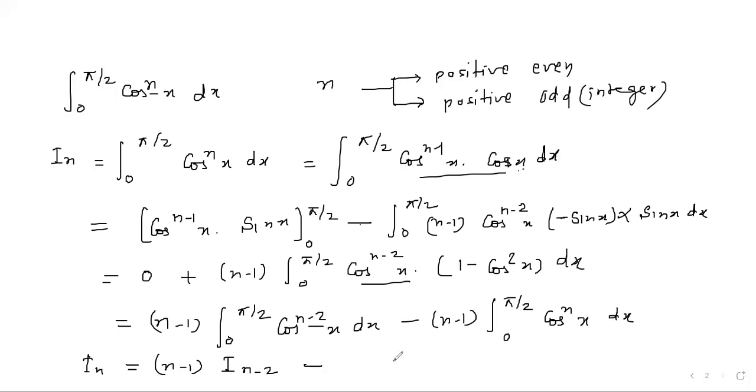And this can be written as n minus 1 and this is I n, which can be further simplified. So we can write it I n plus n minus 1 times I n will give n minus 1 times I n minus 2. So here only n will be left and other things will get cancelled.